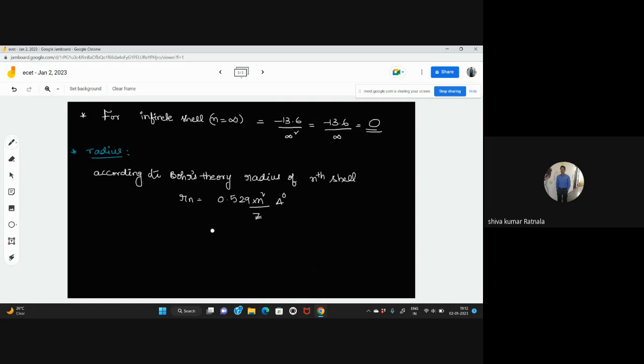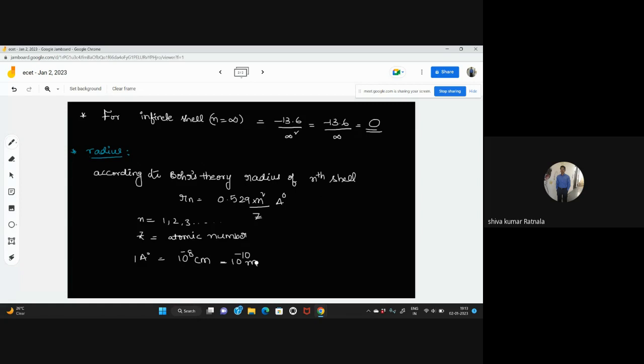Here n equal to 1, 2, 3 and so on, and Z equal to the atomic number. Already we know angstrom units are a length unit. 1 angstrom unit equals 10 to the power of minus 8 centimeters or 10 to the power of minus 10 meters. Okay.